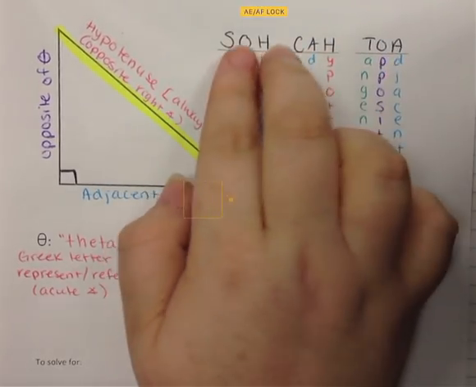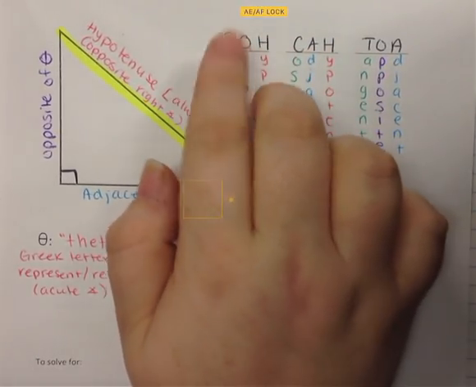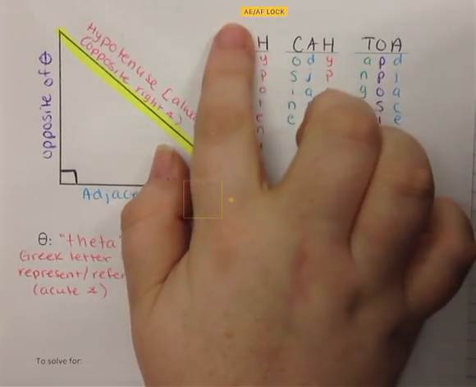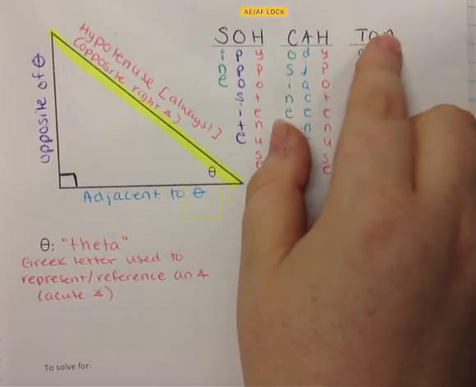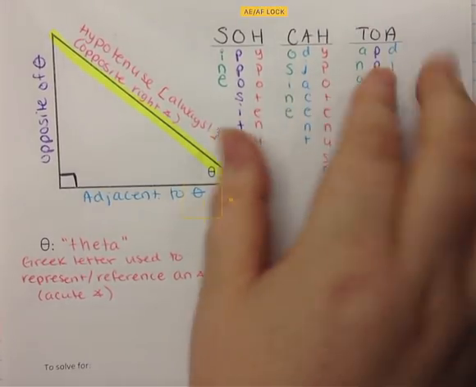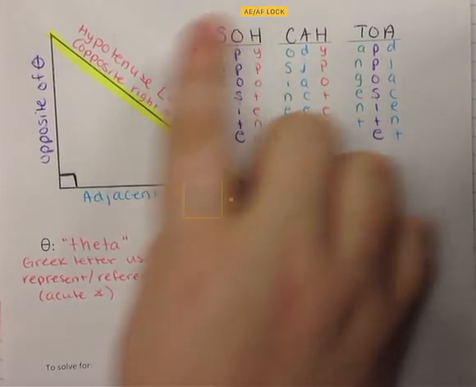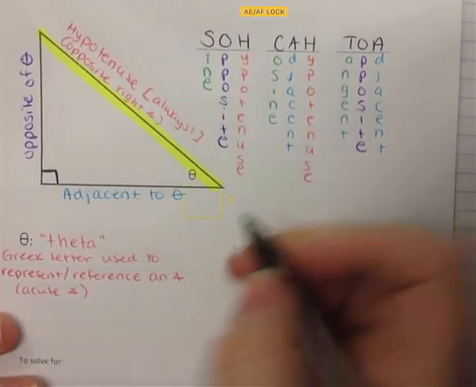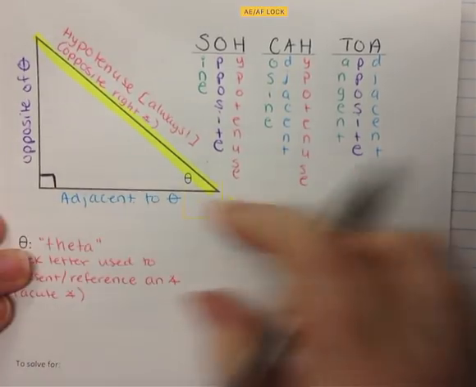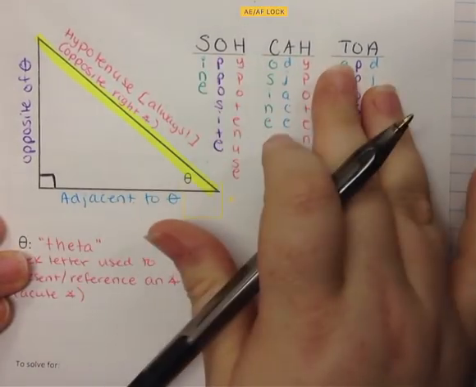S-O-H-C-A-H-T-O-A. These go together. S, O, and H go together. C, A, and H go together. T, O, and A go together. So I have to make sure that my letters are actually together. So I'm going to write out what it actually represents for the acronym.